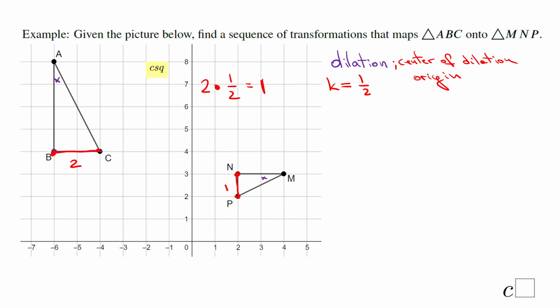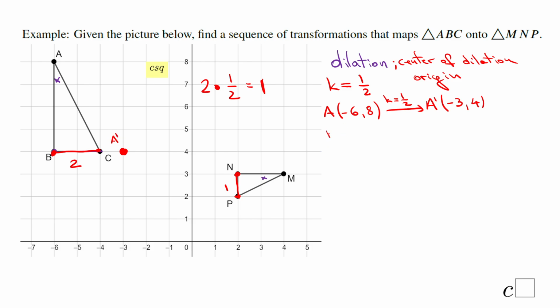So let's take a look at A. Gonna start with A, which is -6 and 8. If I use this scale factor of 1/2, what do I get for A prime? I'm gonna get -6 times 1/2, -3. 8 times 1/2 is 4. So that will be -3 and 4 right here, and I will call it A prime.